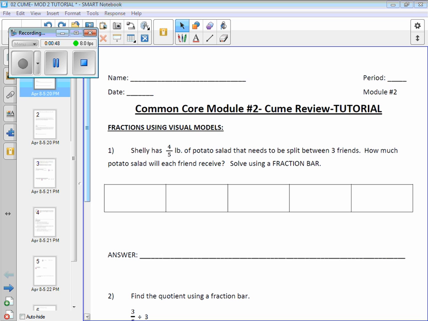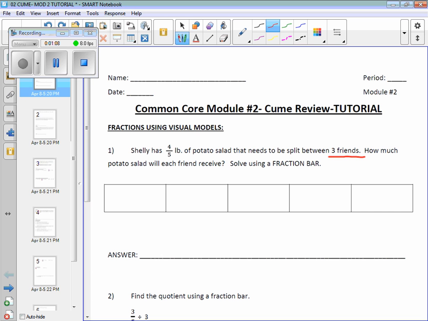Before we do that, as usual, I want you to read the question and get a feel for what the question is asking us. And you want to say to yourself, if I have 4/5 of a pound of potato salad, which is less than 1 pound, and you're going to split up that fraction between 3 friends, you want to realize that we're creating an answer that's going to be less than 4/5.